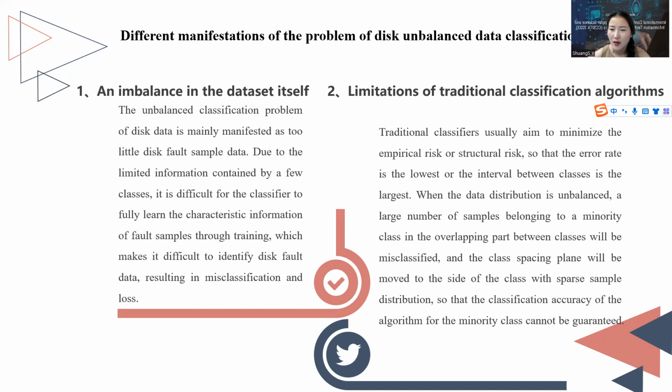When the data distribution is unbalanced, a large number of samples belonging to the minority class in the overlapping part between classes will be misclassified, and the class separating plane will be moved to the side of the class with sparse sample distribution, so that the classification accuracy of the algorithm for the minority class can't be guaranteed.